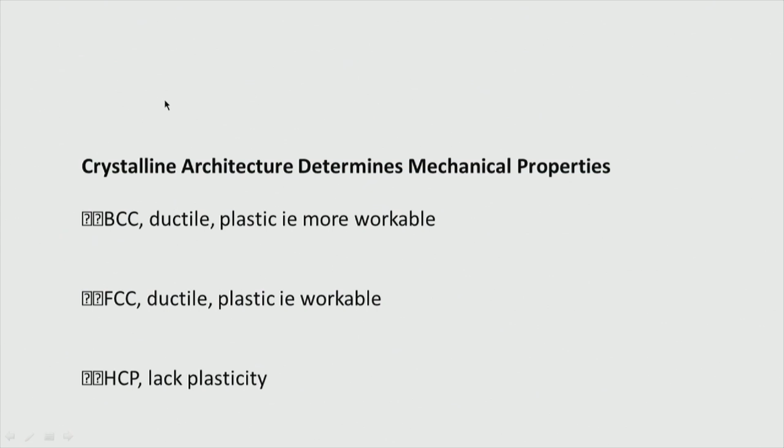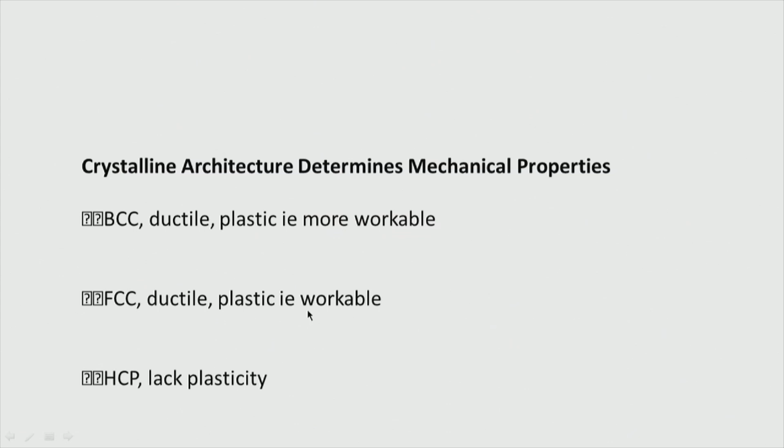The other point is whether the crystal unit cell is a BCC or FCC or HCP or primitive, that also determines its mechanical properties. For example, BCCs are ductile, plastic, so it is more workable. FCC is ductile, plastic, but a little bit workable, but if you take a hexagonal, it lacks plasticity.